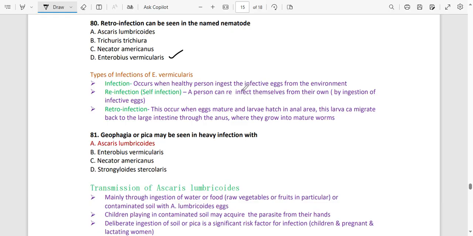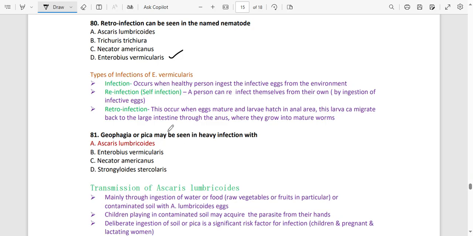A person can reinfect themselves from their own, by ingesting infective eggs. And then retroinfection occurs when the eggs mature and the larvae hatch in the anal area. This larva can migrate back to the large intestine through the anus where they grow into mature worms. That's retro, back direction.